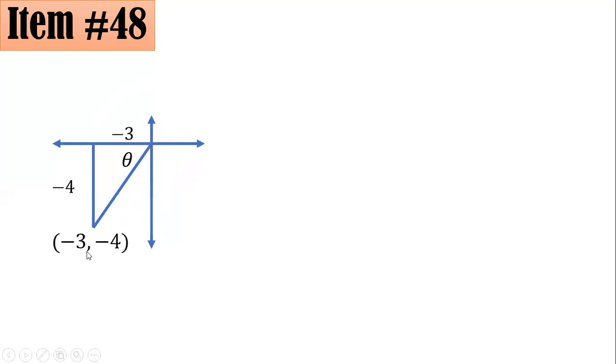And this has coordinates -3, -4. So this is -3 units long, and this is 4 units long. But they are both negative in this case. Their actual distances are positive, but it's represented by negative because in quadrant 3, both x and y are negative.